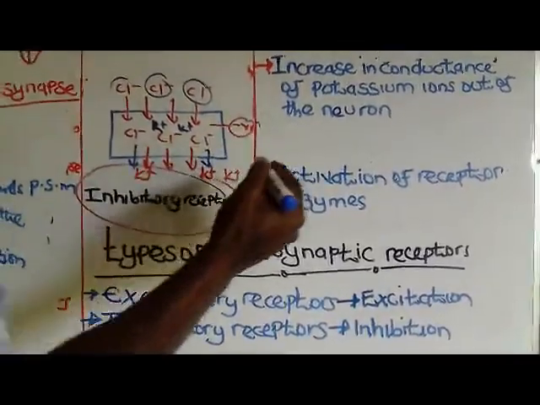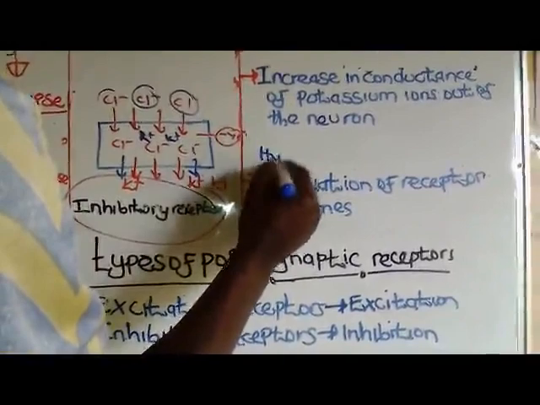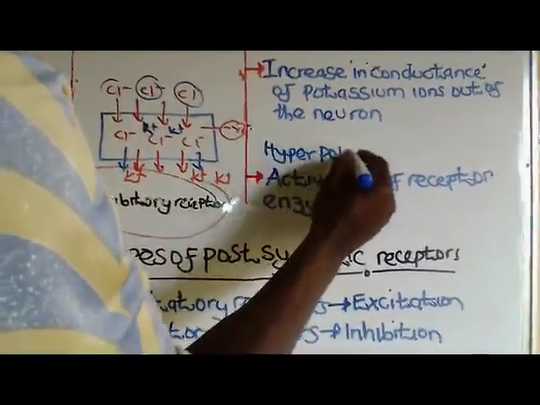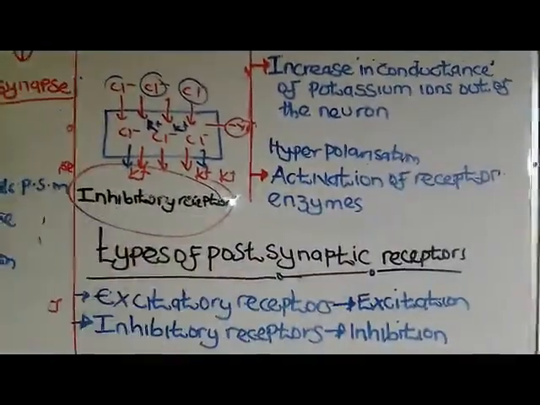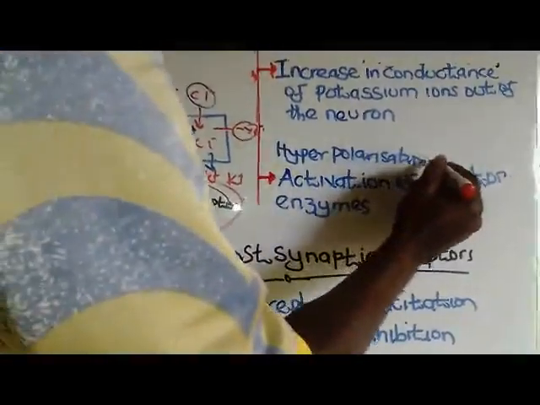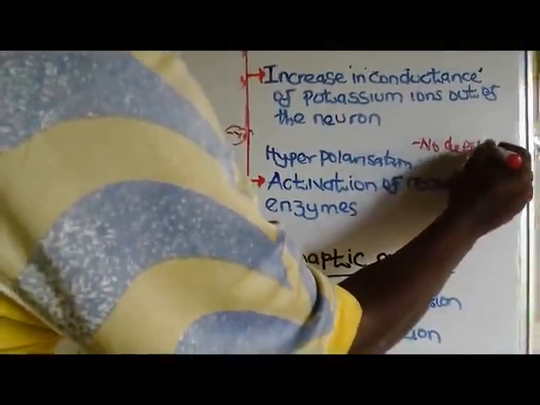The overall effect is that the neuron experiences what we call hyperpolarization. Because of hyperpolarization, we don't see depolarization. If there is hyperpolarization, it means there will be no depolarization.